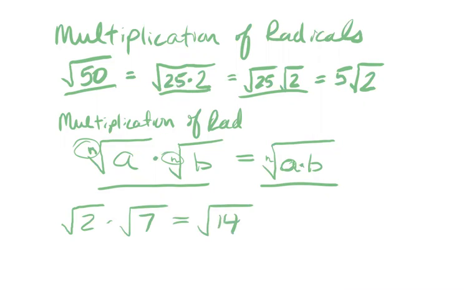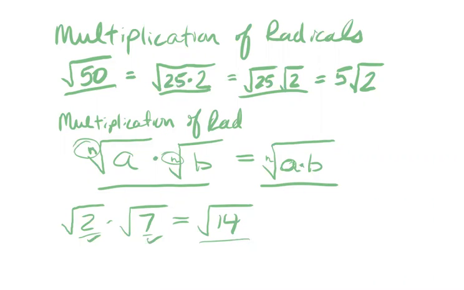And since 2 and 7 can't be broken up anymore, they're prime numbers, we know that the square root of 14 is in its simplest form. In other words, there are no perfect squares, 4 and 9 being the only two less than 14, that would go into 14. So this is in simplest form because we know it's made up of 2 and 7.